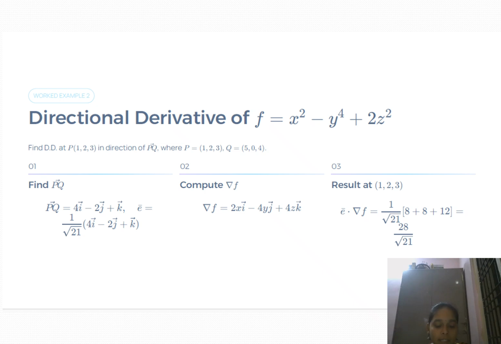So the directional derivative at point P (1, 2, 3) is equal to e bar dot del f. If we substitute del f and e bar, we get 1 by root 21 into (4i bar minus 2j bar plus k bar) dot (2x i bar minus 2y j bar plus 4z k bar). Substituting the point 1, 2, 3, we get the final answer as 28 by root 21. This is the directional derivative for the above question.